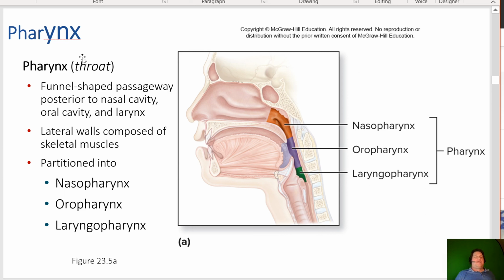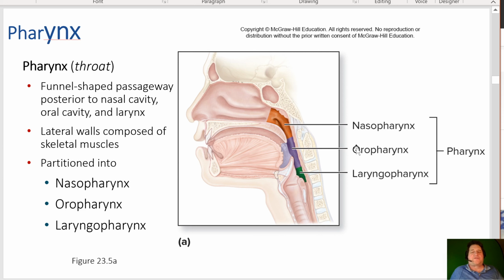So from the nasal cavity, we get to the pharynx, and I've emphasized the Y and X because people have a tendency to mispronounce it. I often joke that if you're going to have that on a quiz question and you say it wrong, you're going to get a C. Anyway, just remember it's Y and X. Basically, this is the throat.